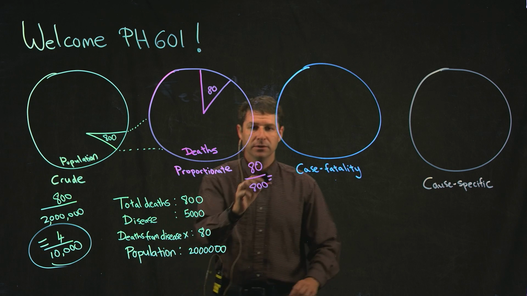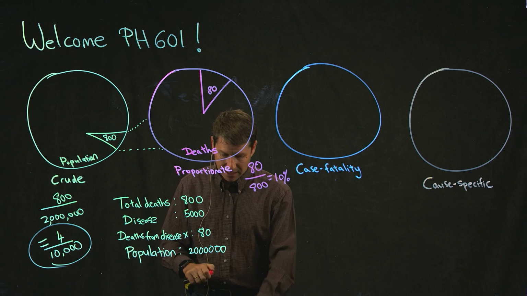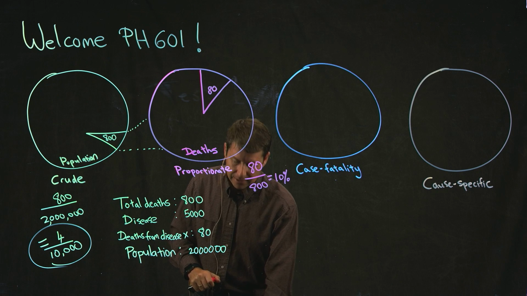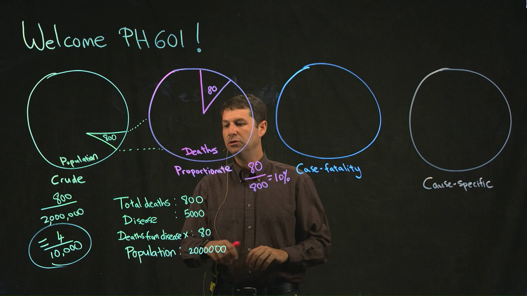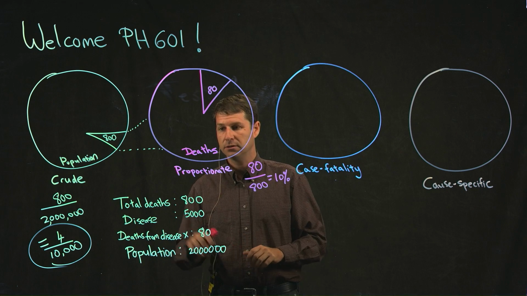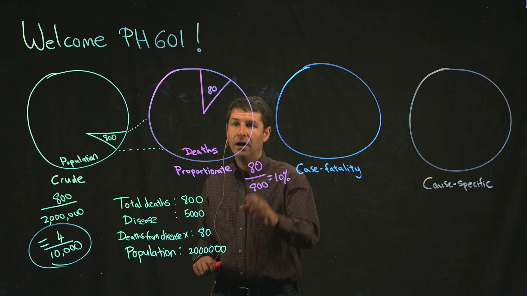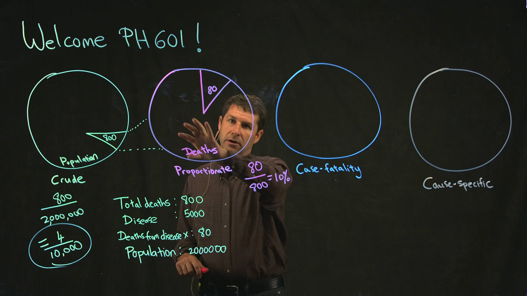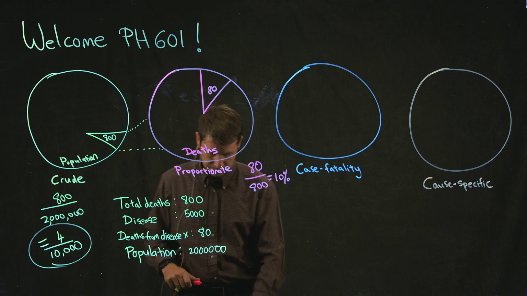And so that equals 10%, right? So we would say that our proportion mortality gives us what chunk of this pie is due to a particular cause, in this case, disease X. And obviously, there are other causes out there, and so we could figure out those other pieces of the pie as well.